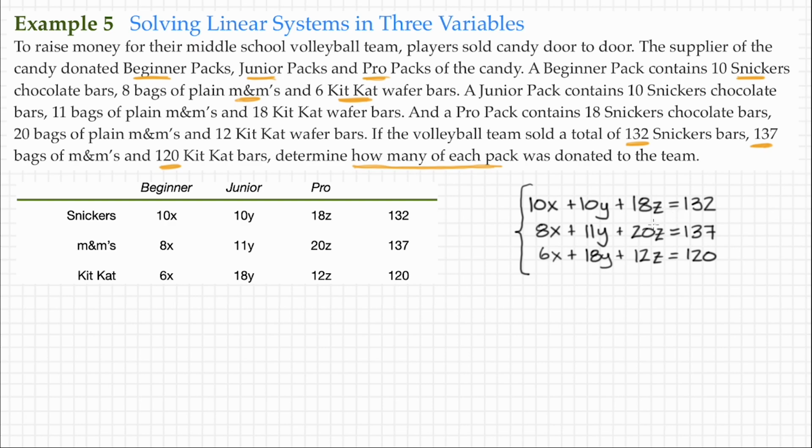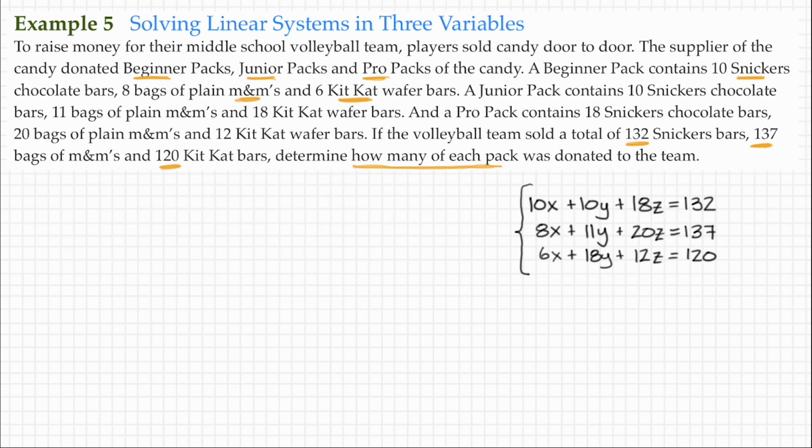So now that we have that, we can use this to build our matrix. So our augmented matrix would be 10, 10, 18, put in our vertical line, then 132. Remembering that to the left of the vertical line, this is our matrix of coefficients.